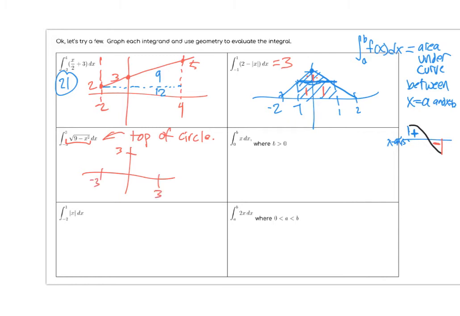And you might also notice that we're being asked to find the area under this curve from -3 to 3. So we've got area is pi r squared. My radius is going to be 3. So my area for a whole circle is going to be 9 pi. And then if we want a half circle, it would be 9 pi over 2.